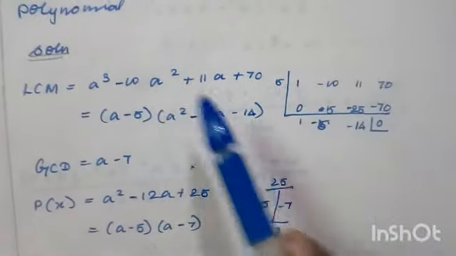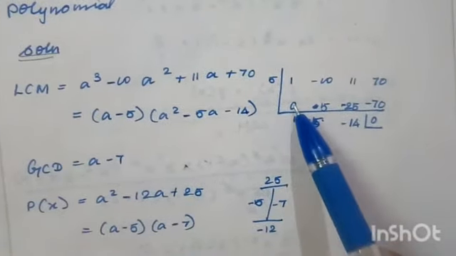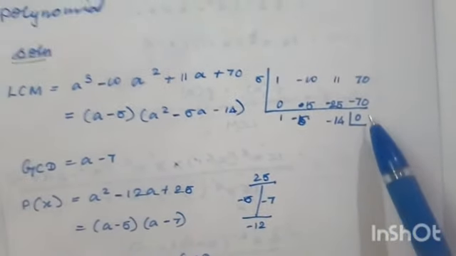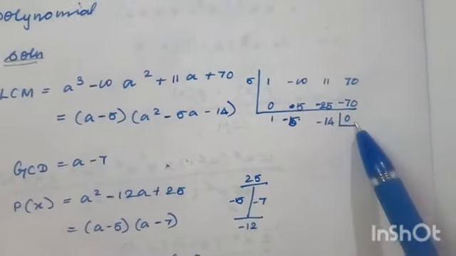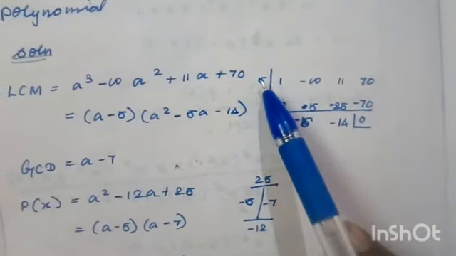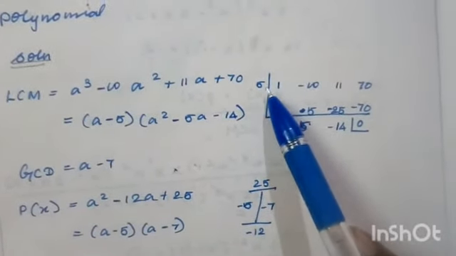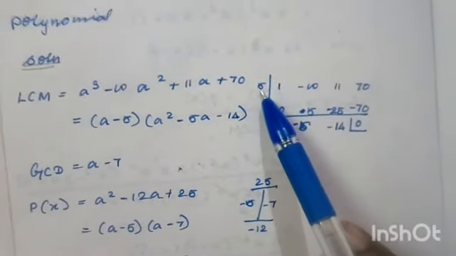Once again, listen: in synthetic division you take the coefficients and write 0, and in the remainder place also write 0. Until we get remainder 0, you have to proceed one by one, substituting the values 1, minus 1, 2, minus 2, 3, minus 3, 4, minus 4, like that. You have to use pencil. After finding it, you use ink.